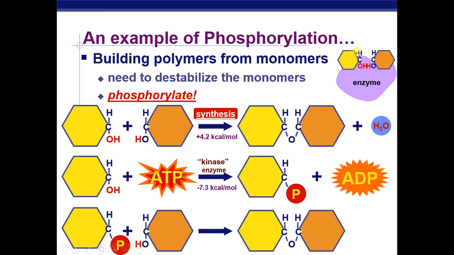We have an enzyme, a kinase, that utilizing ATP phosphorylates the monosaccharides so that they become destabilized and react, providing that activation energy to form our disaccharide, our synthesis product. And then we have the phosphate group left over that can be reused by ADP to make ATP all over again.